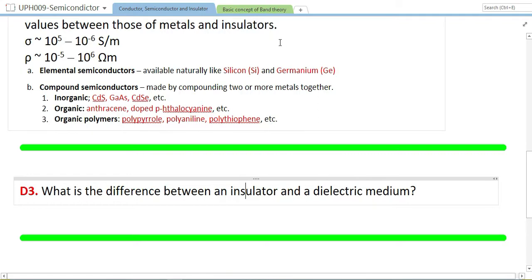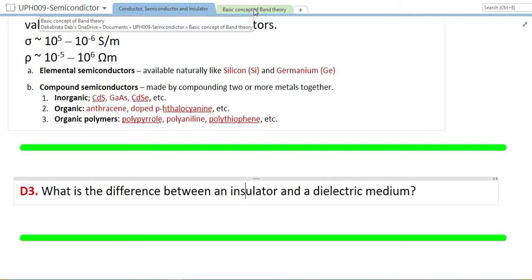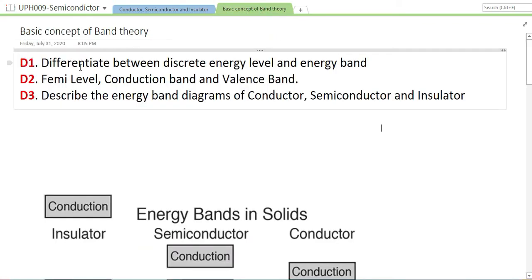So, okay. Next, let's talk about the origin or the basic theory behind these different types of behavior of these materials. In this discussion, we'll talk about something called energy bands. These are a collection of energy levels, and these energy levels are not discrete, they're continuous.